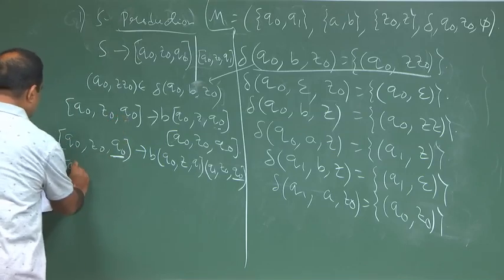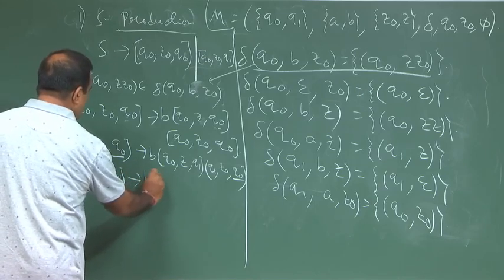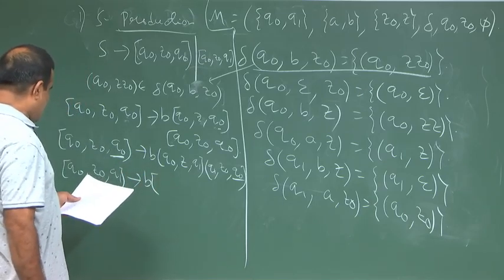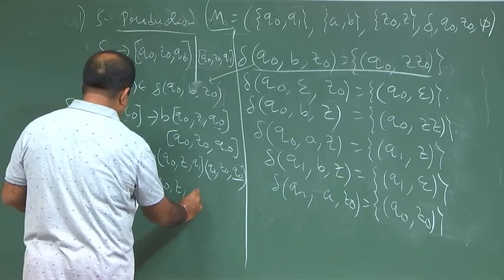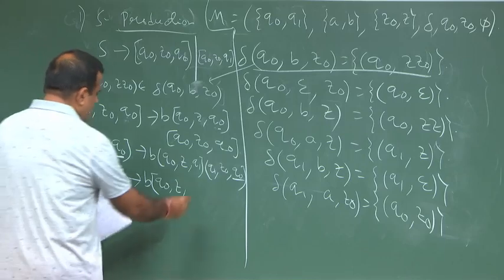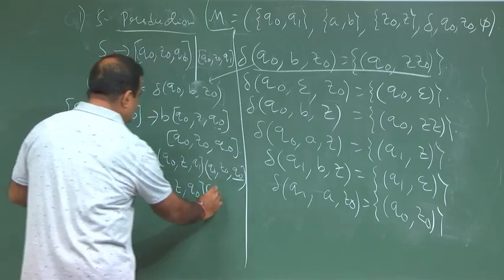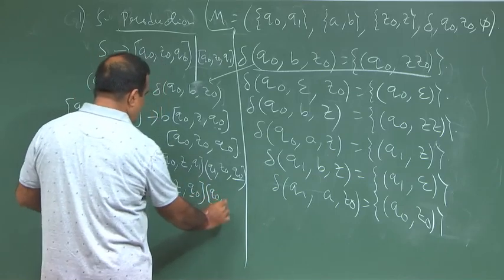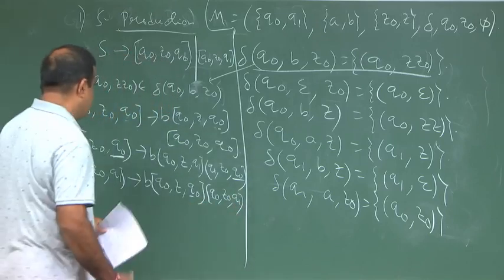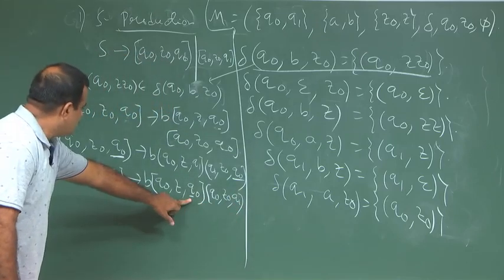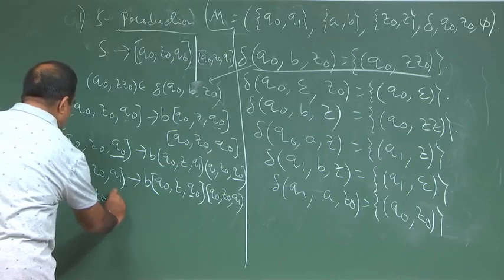So, this is q0, z0, q1, going to b of q0, z. Here we also have an option, we can take q0, then q0, then z0, and then q1. Another option is here we can take q1, so that is q0, z0, q1.